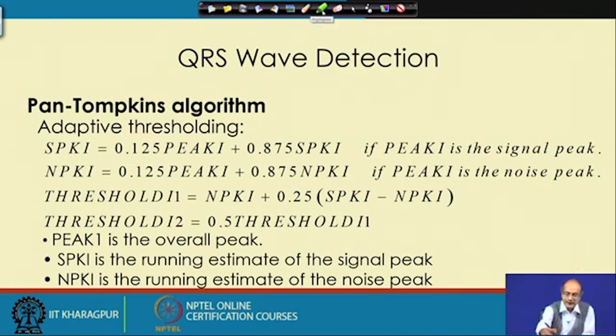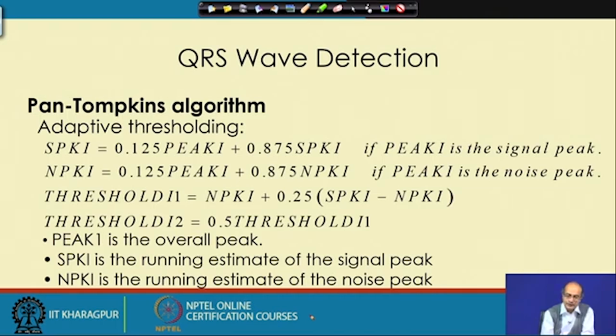After that we go for the selection of the threshold, and the philosophy is very simple: the threshold should be above the noise peak, so that no noise peak is detected, and it should be much lower than the signal peak, so that we are able to catch all the signal peaks. There should not be any miss of a signal peak.